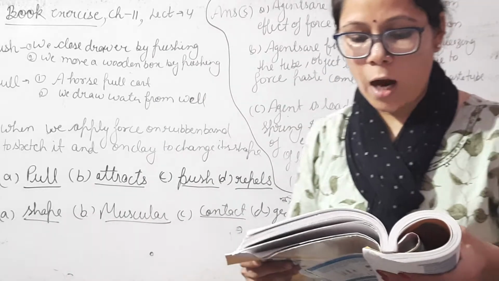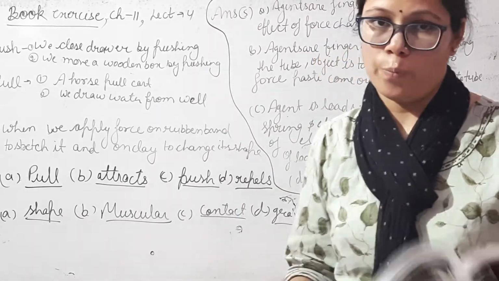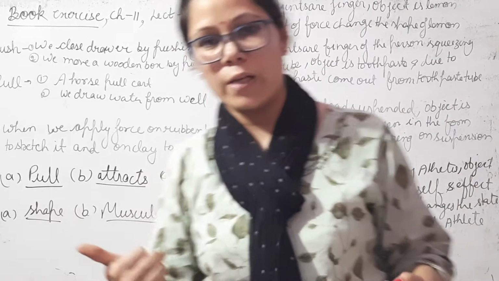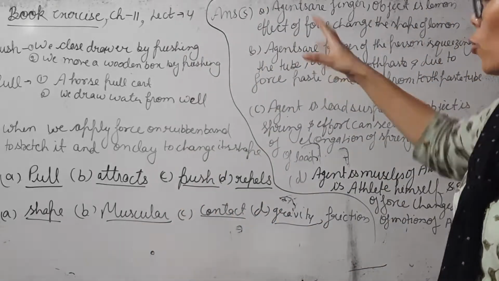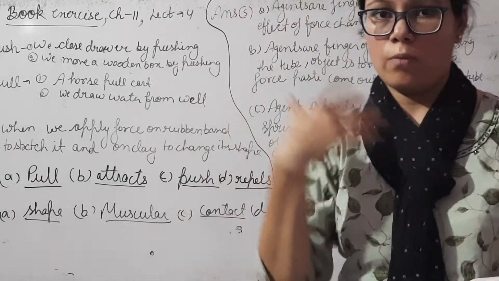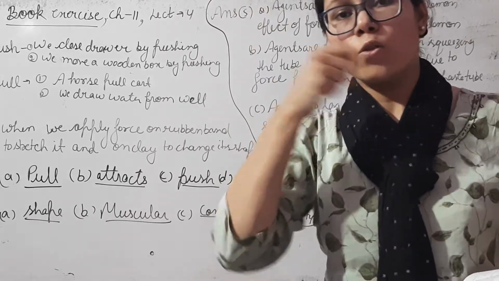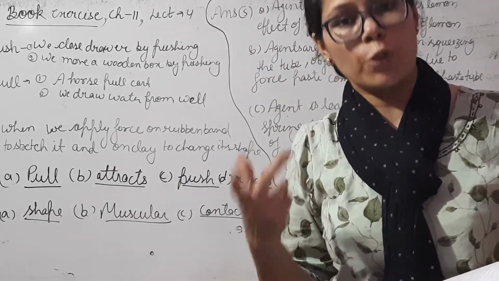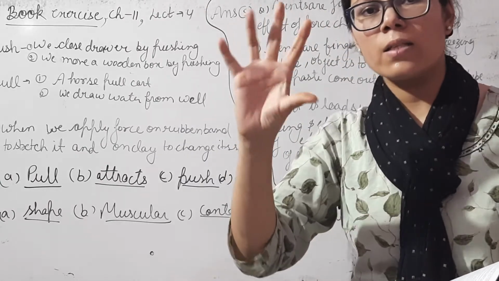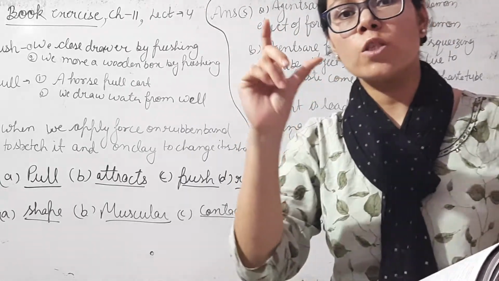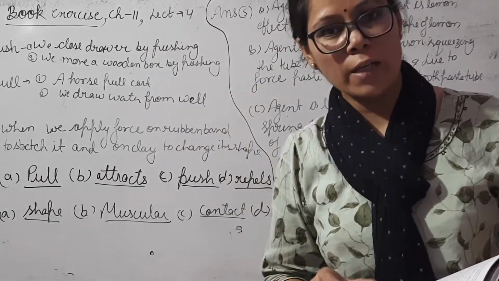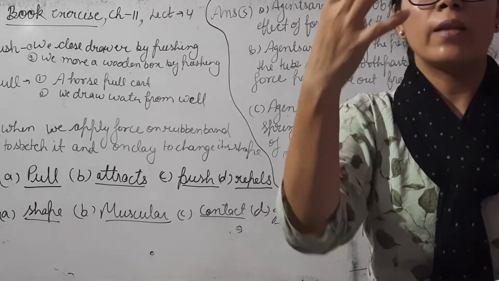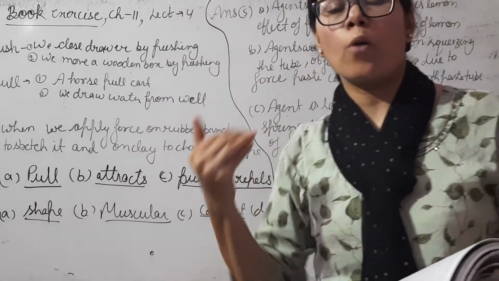Now second, taking out paste from a toothpaste tube. When we brush, we first take out toothpaste from the tube. So our fingers are the agent and the toothpaste tube is the object. When we apply force, the paste comes out of the tube.